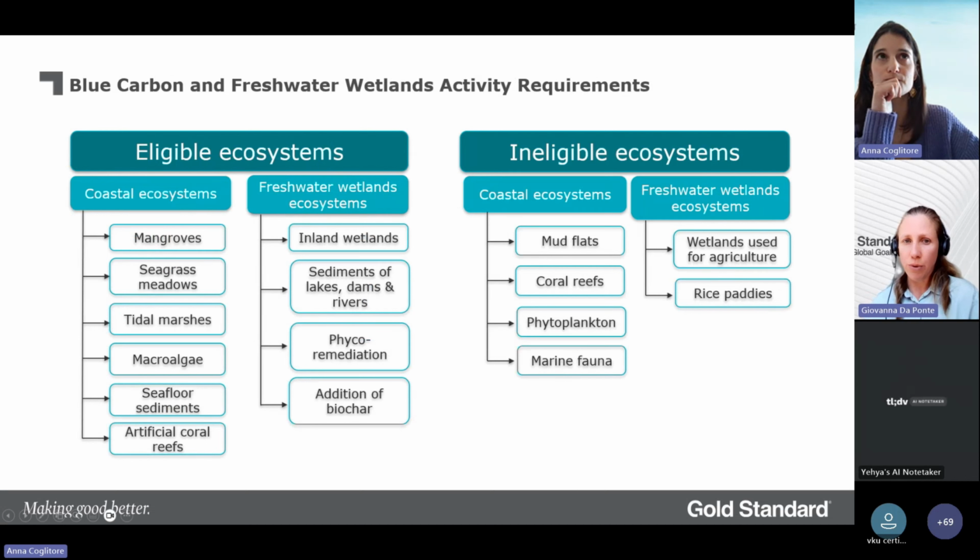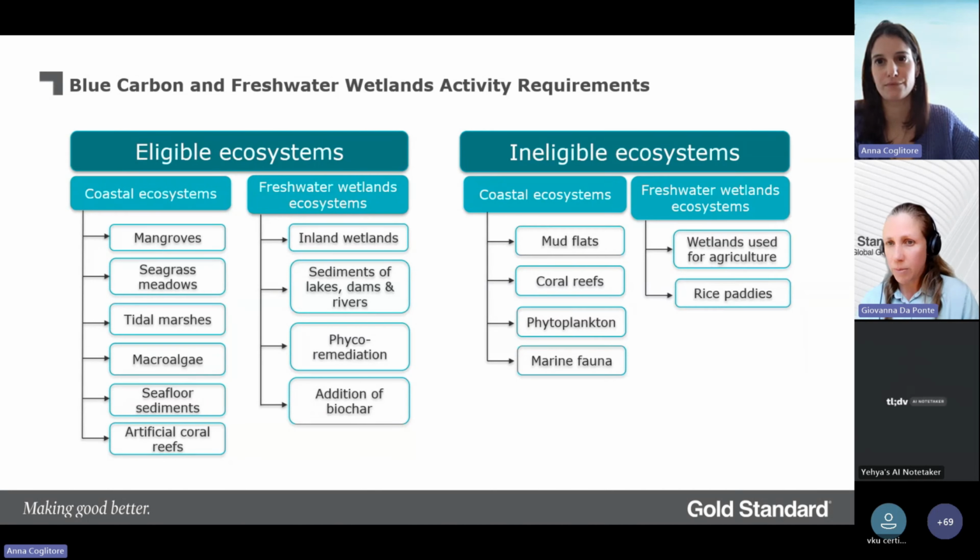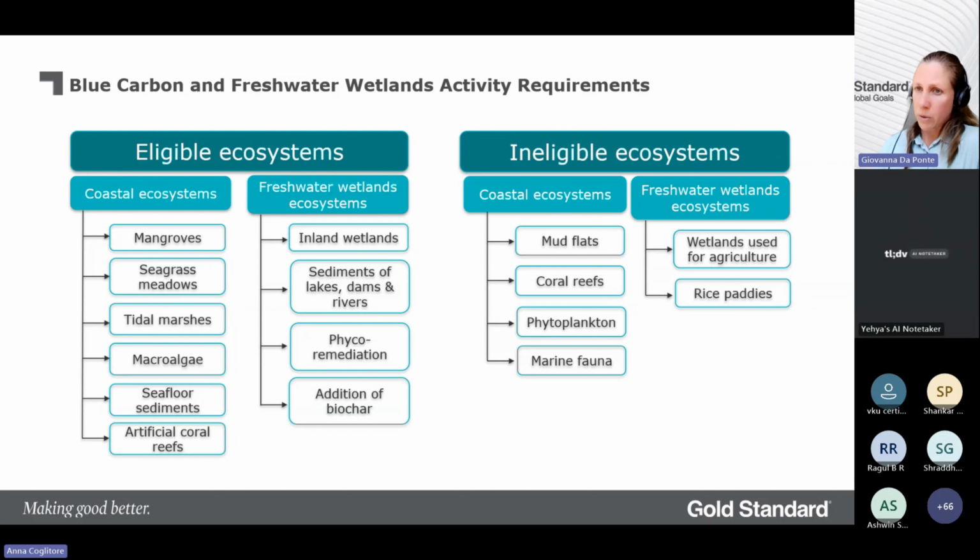This slide briefly presents what the eligible ecosystems are under this framework and what the non-eligible ecosystems are. I'm not going to touch upon the eligible ecosystems, as they were already briefly presented in the video at the beginning. In terms of non-eligible ecosystems, we're talking about coastal ecosystems such as mudflats, coral reefs, phytoplankton, or marine fauna.